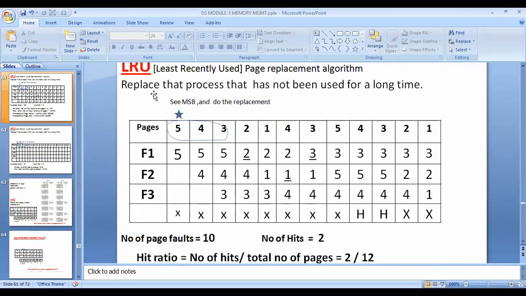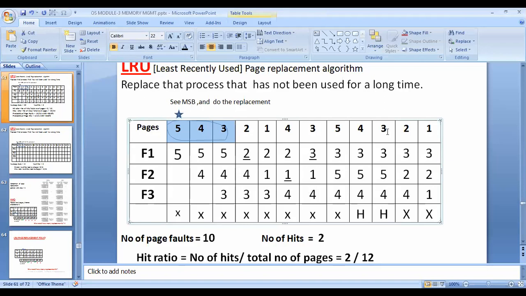I repeat, in case of LRU, you just observe the MSB positions in the sequence of pages given. That's it. In case of first in, first out, we were looking at the MSB positions of the frame.